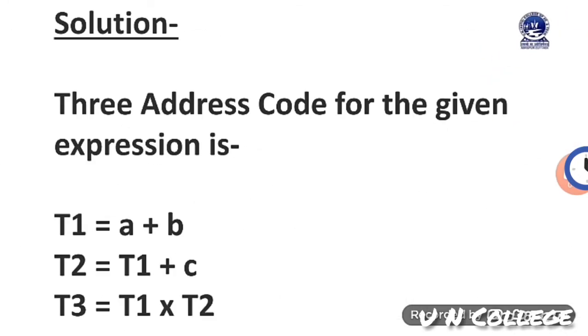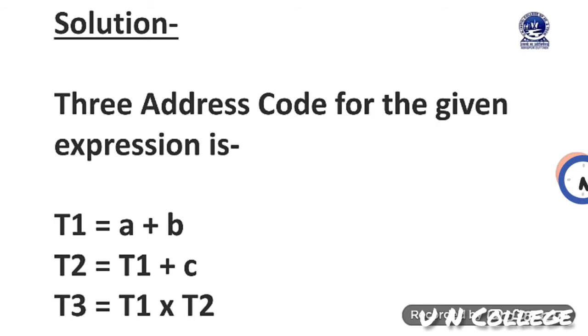How? Now the solution: first of all we will convert this into 3 address code. If we convert the expression into 3 address code, then it will be T1 equal to a plus b, T2 equal to T1 plus c, then T3 equal to T1 into T2.